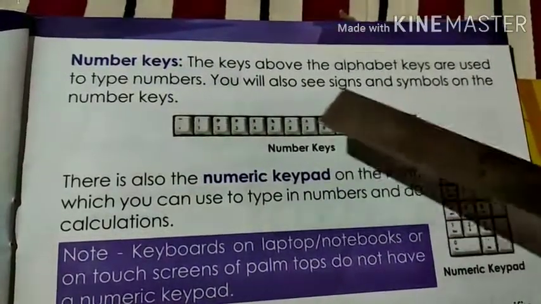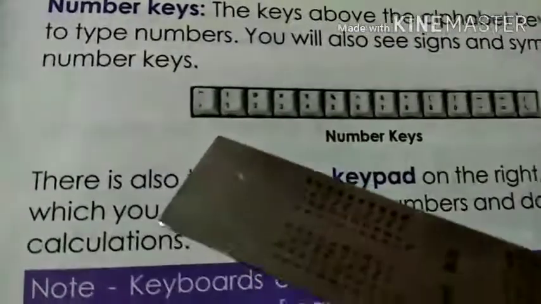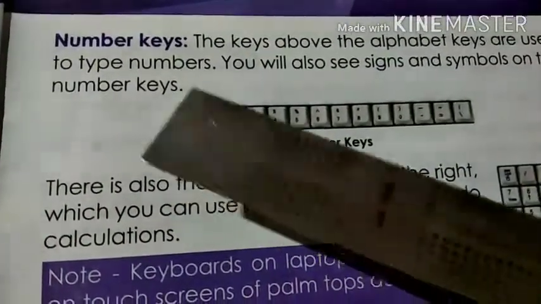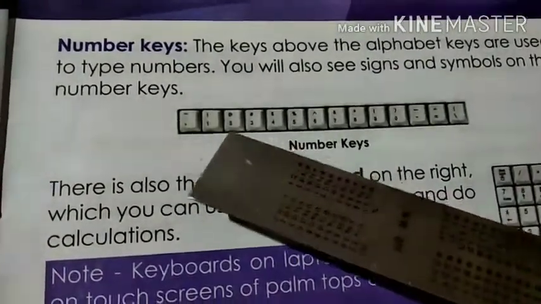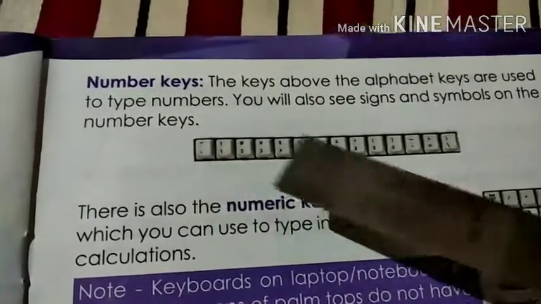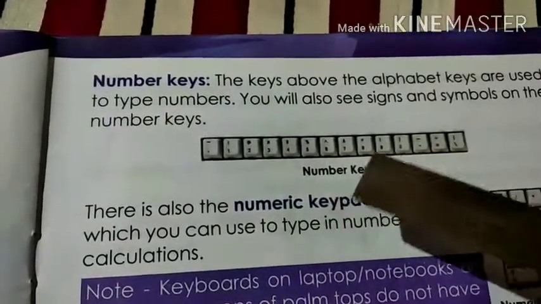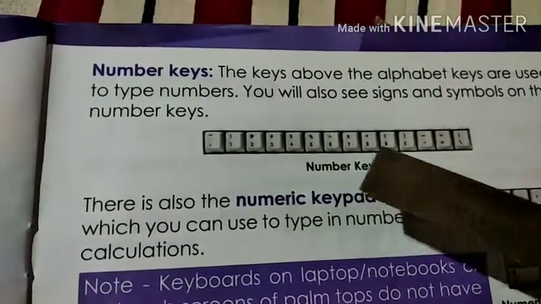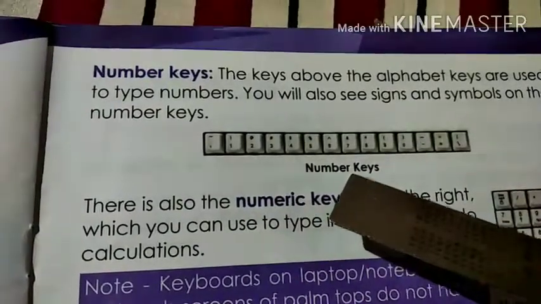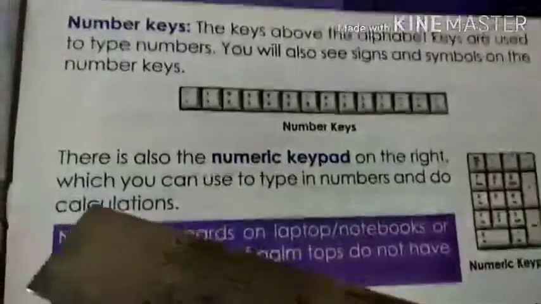You will also see signs and symbols on the number keys. You can see here 1 has an exclamation mark, 2 has @, then 3 has hash. So along with the number, these keys have signs and symbols as well. This also helps us to type numbers into your computer.